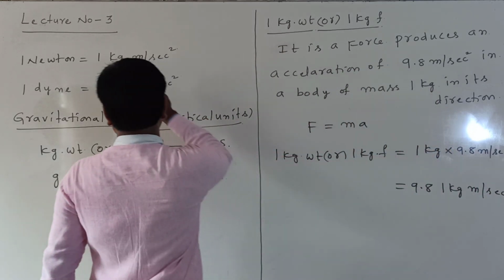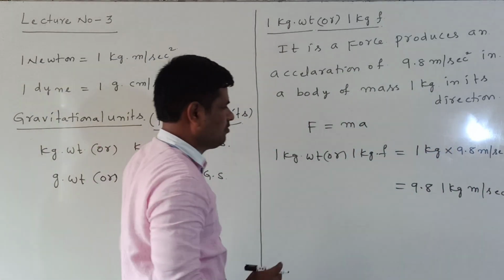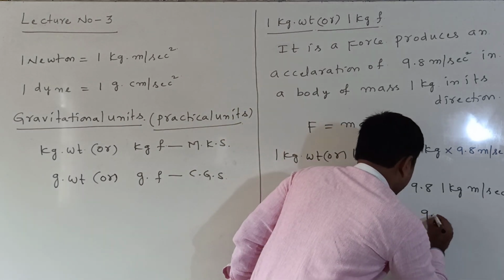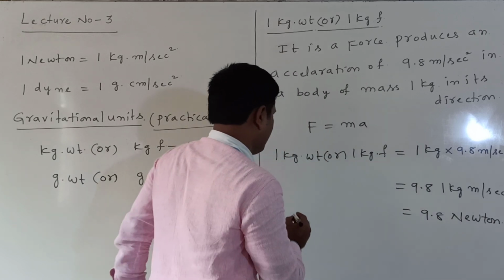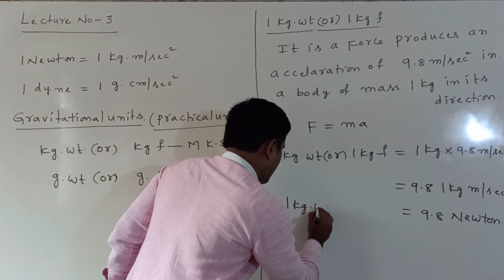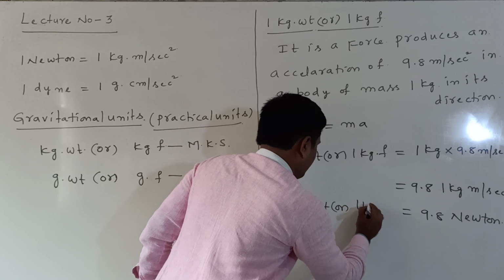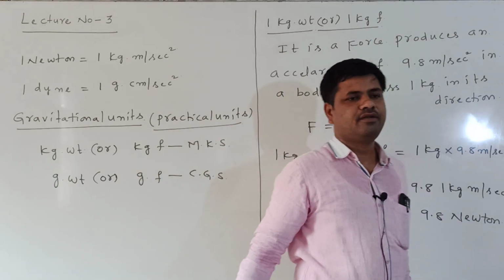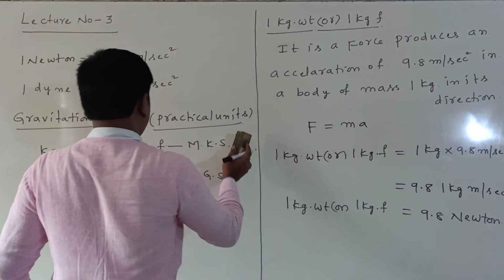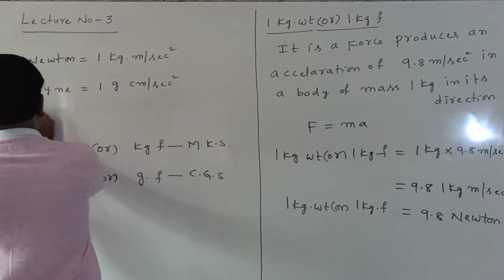We know that 1 kg into meter per second square is equal to 1 Newton. So what are we getting here? 9.8 newtons. Means 1 kilogram weight or 1 kilogram force is equal to 9.8 newtons.